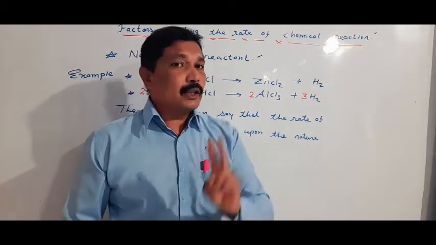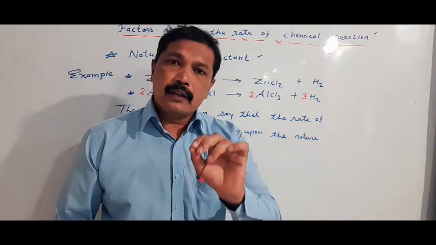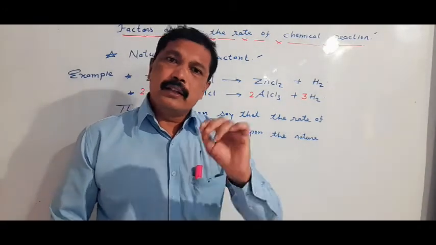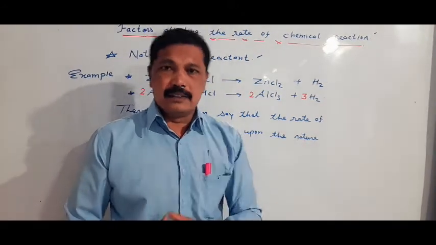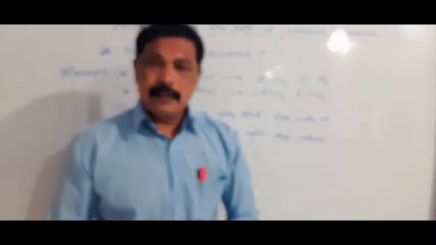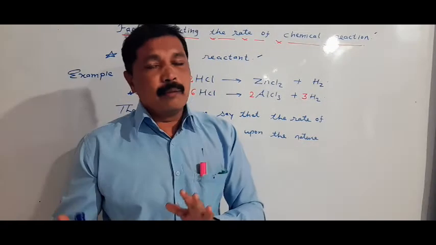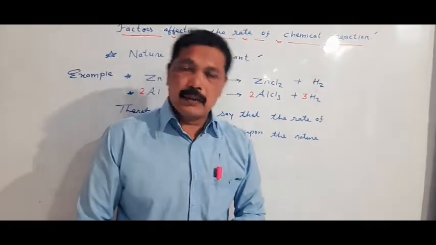Here we will consider two reactions. Zinc reacting with dilute HCl, aluminum reacting with dilute HCl. Both of them react with dilute HCl and we get water soluble salt of zinc and aluminum respectively and hydrogen gas is given out.